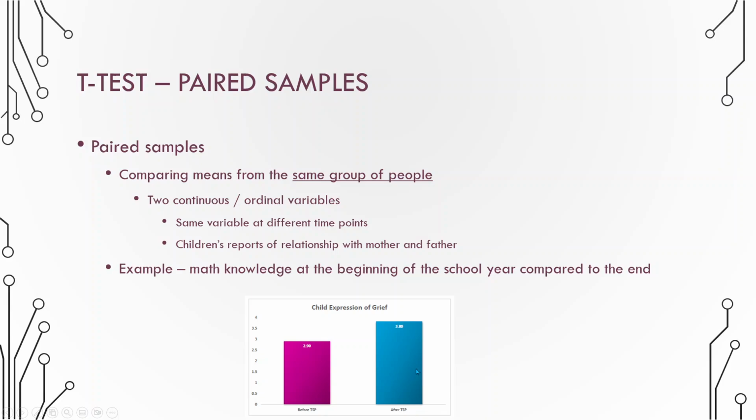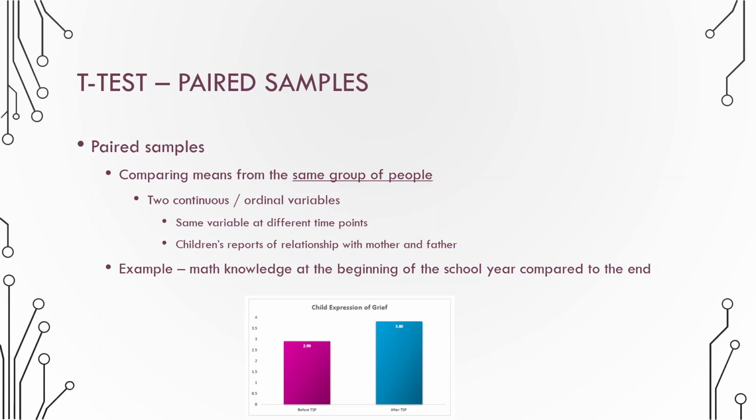My kids' elementary school uses paired samples t-tests all the time. They'll take these tests at the beginning of the school year to see how kids are doing on their math scores. Then they'll take that same test in the middle of the year, and they want to know are classes improving, and if they're not, then they're going to use that data to help target certain classes that maybe need some extra help.